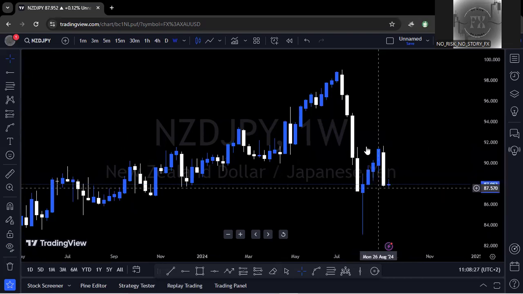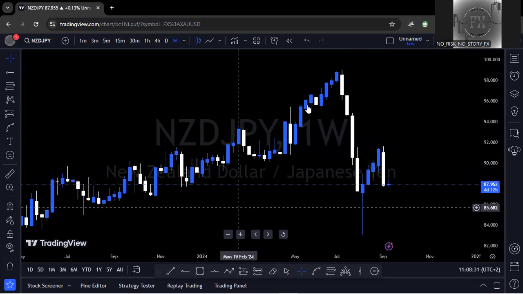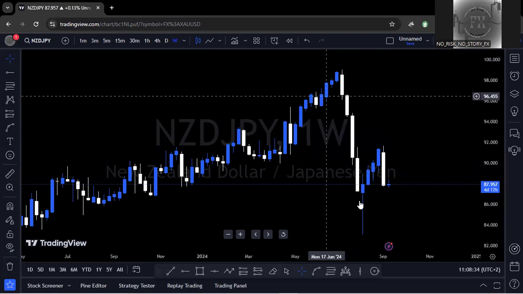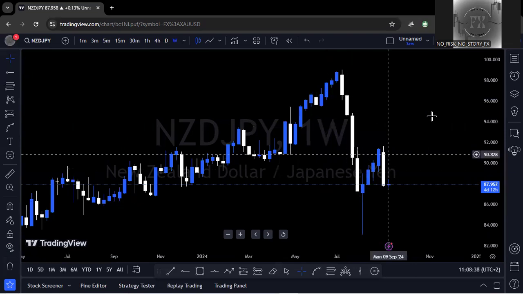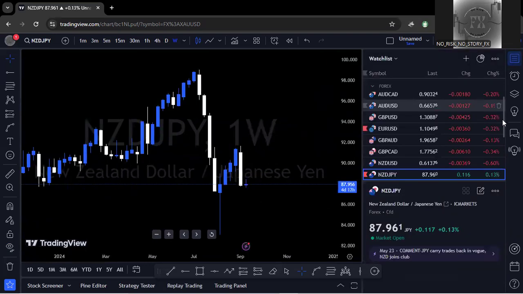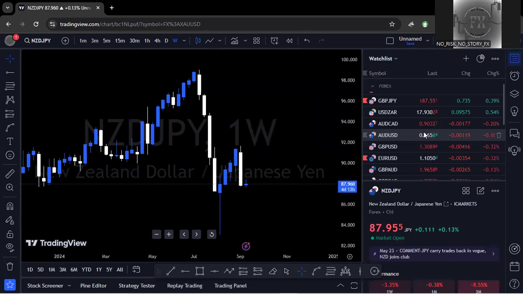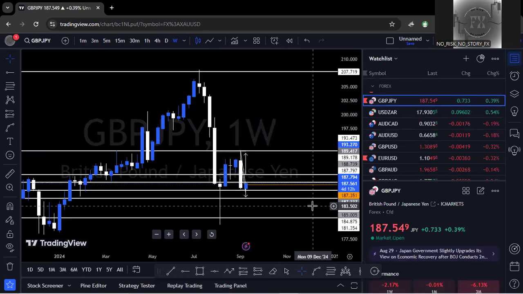So the sellers are stronger than the buyers, and this pair is relatively the same as the GBPJPY pair, right? Look at the structure here, and the structure here, same thing.